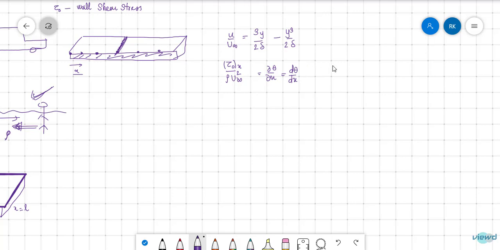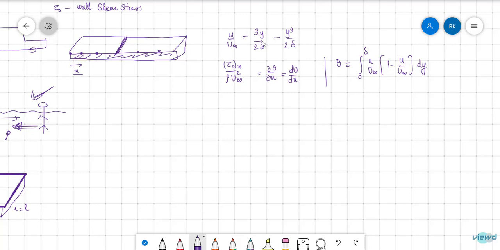Now we know that theta is equal to the integral from 0 to delta of u by u infinity into 1 minus u by u infinity dy. So we know this momentum thickness.